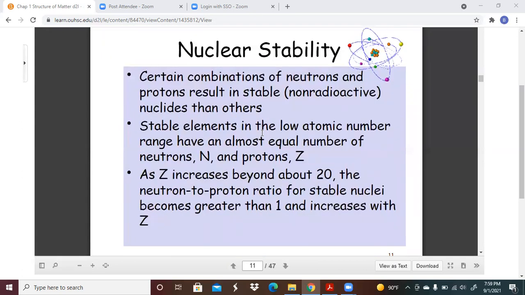So, nuclear stability. Certain combinations of neutrons and protons result in stable, or non-radioactive, nuclides more than others.